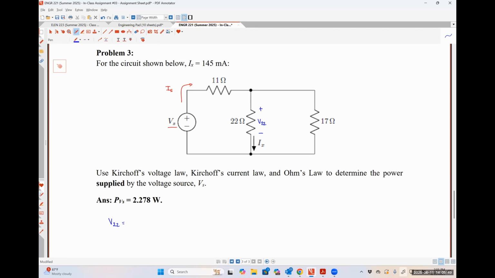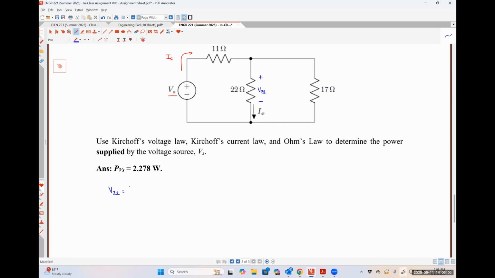That's just going to be V equal to I times R, because the current is flowing into the positive polarity terminal and out the negative polarity terminal of the 22 ohm resistor based on the polarity of the voltage that I chose. So that's going to look like 145 milliamps times 22 ohms. And if I throw that into my calculator, 0.145 times 22 gives me a voltage of 3.19 volts.